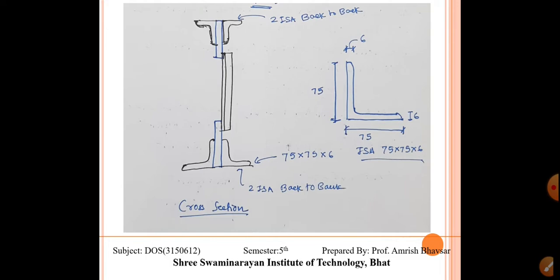Equal means 50 by 50 by 5, 60 by 60 by 6, 70 by 70 by 6, whatever, up to 200 by 200 by 8 mm angles. In the same way, if we take an unequal angle, then its size is 50 by 70 by 3, meaning one of the legs is smaller and one of the legs is longer.